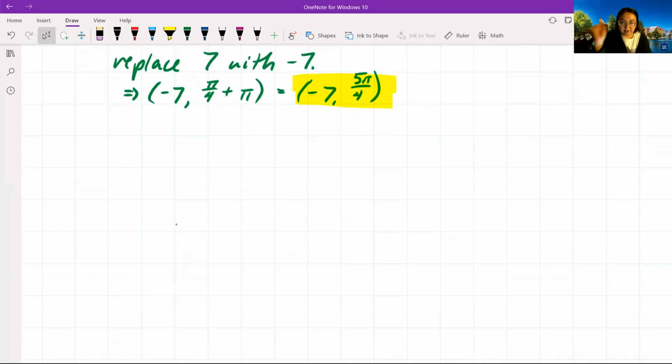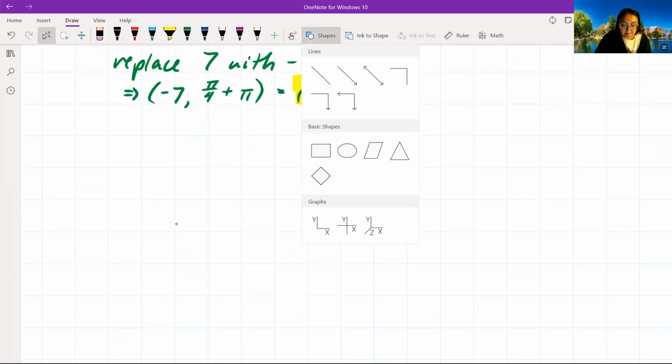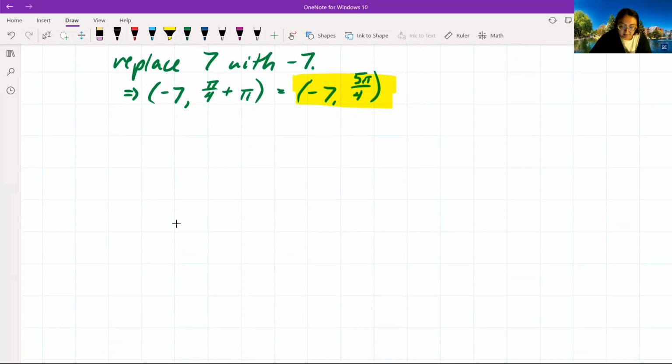So just a very quick touch here. Remember, if we do have a polar graph, oops, that is the wrong color.